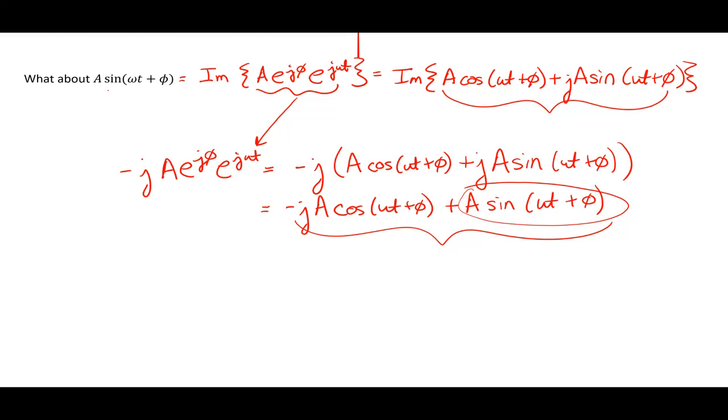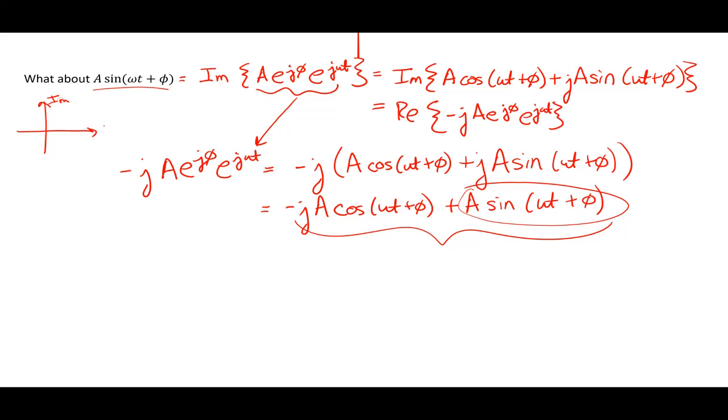So instead of expressing sine(omega t + phi) as the imaginary part of something, I can also say that it is the real part of minus j times a e^(j phi) e^(j omega t). Now, if I think about minus j in the complex plane, here's the imaginary part, here's the real part.